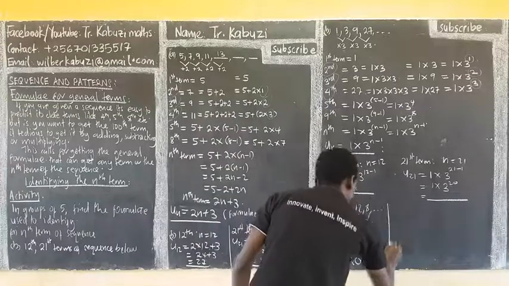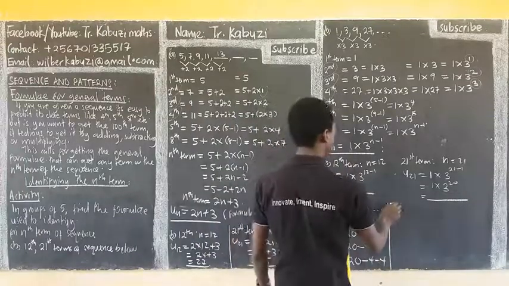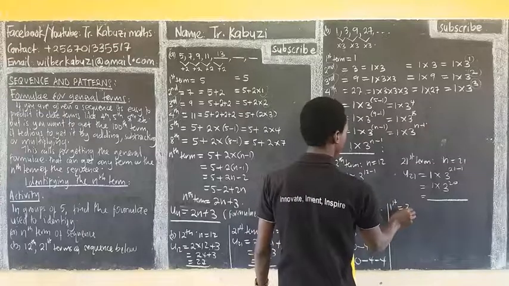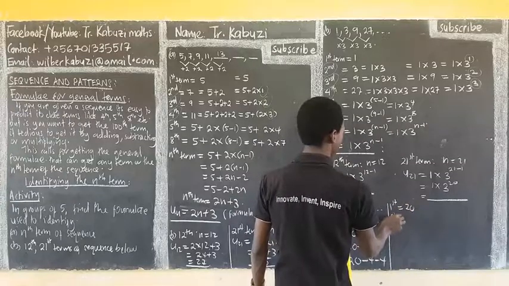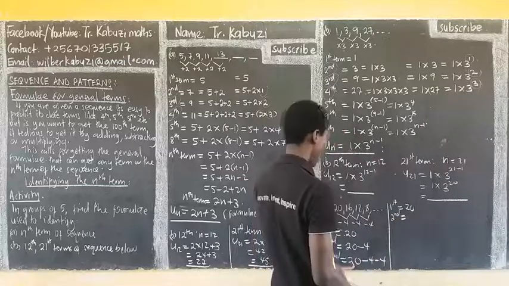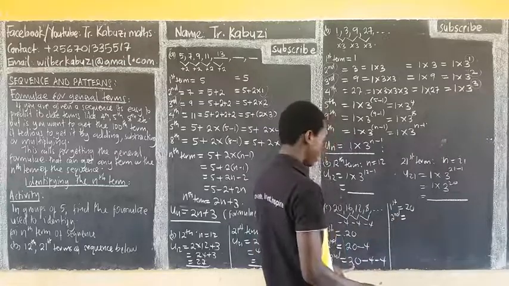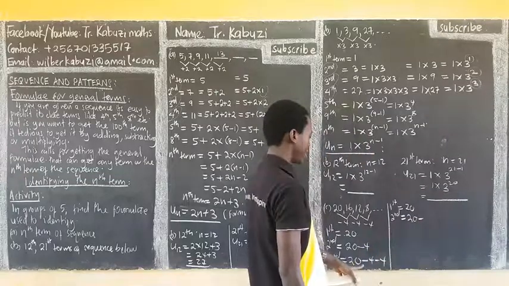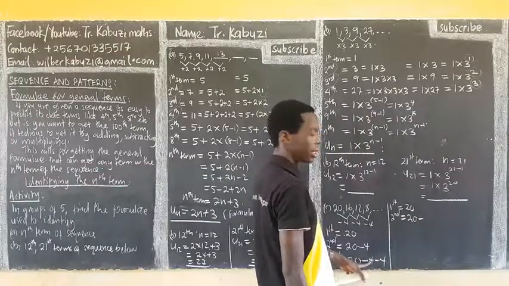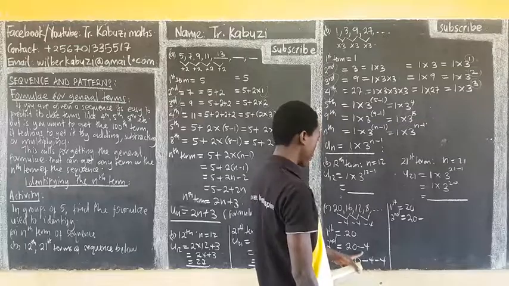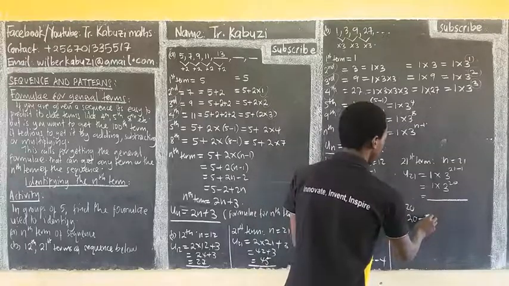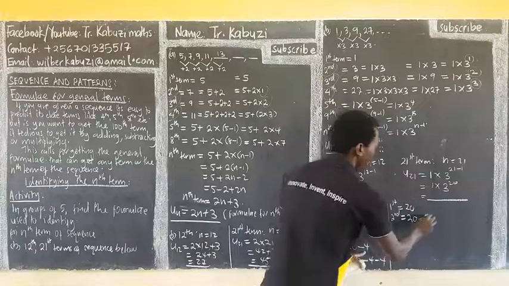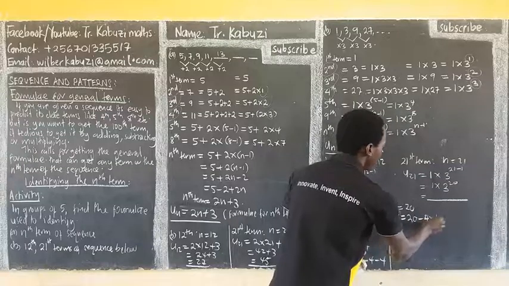So from there, our first term is 20. Then our second term is going to be 20 minus 4 times 1.